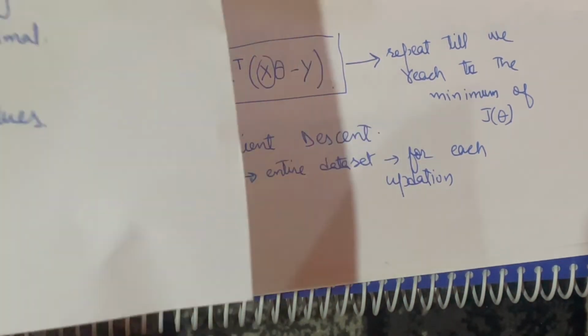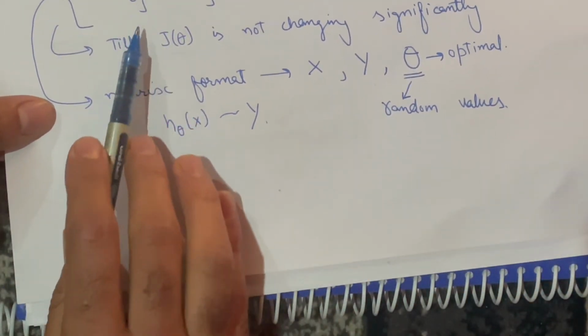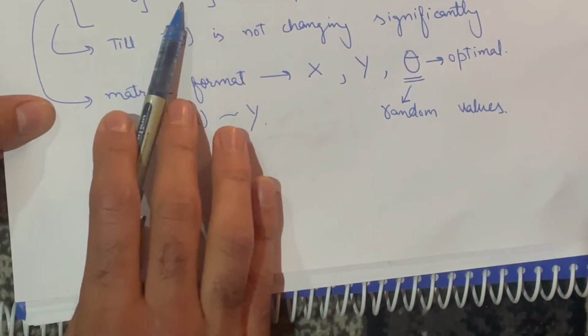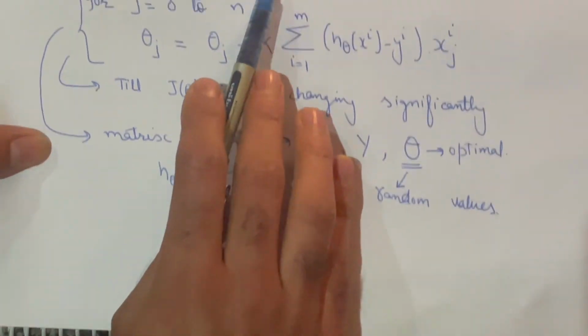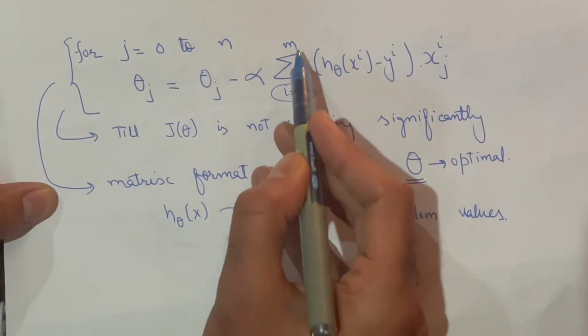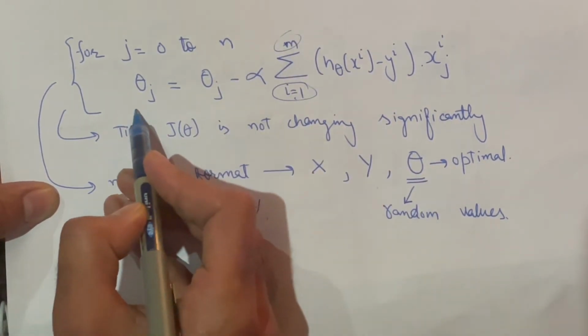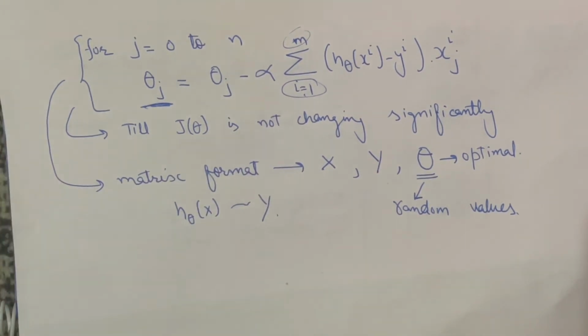Or here also in the iteration model, you can see, so this was our iteration model. We are doing theta j is equal to theta j minus alpha times summation i running from 1 to m. So that means we are using all the data, i to m, for doing one updation. So it is called batch gradient descent.